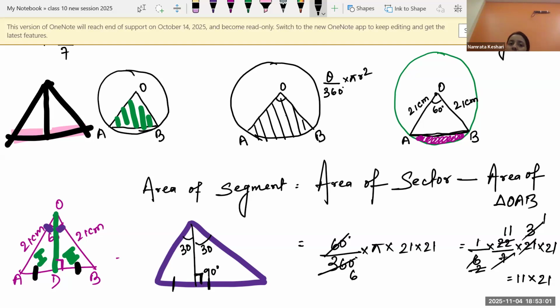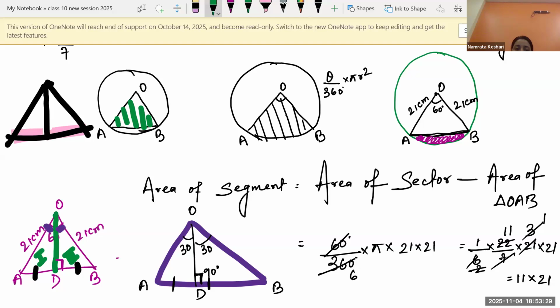We have drawn a perpendicular, 90 degree, and due to that, this triangle OBD or maybe OAD became a right angle triangle. If it became a right angle triangle, then you can use trigonometric ratio to find the length AD.